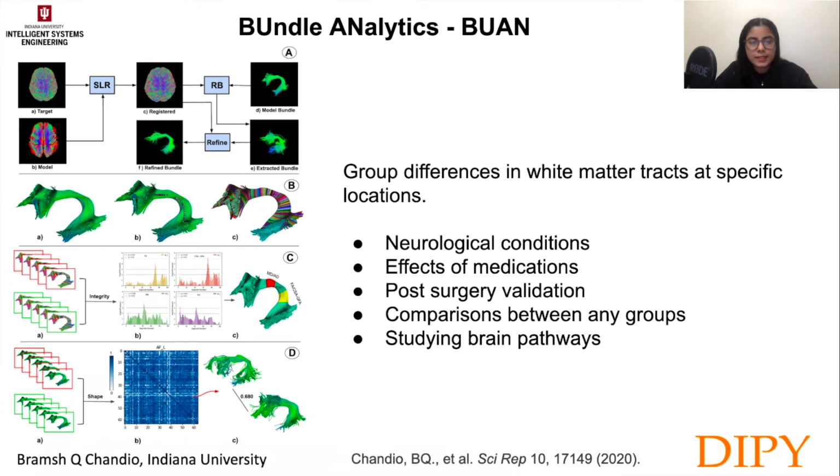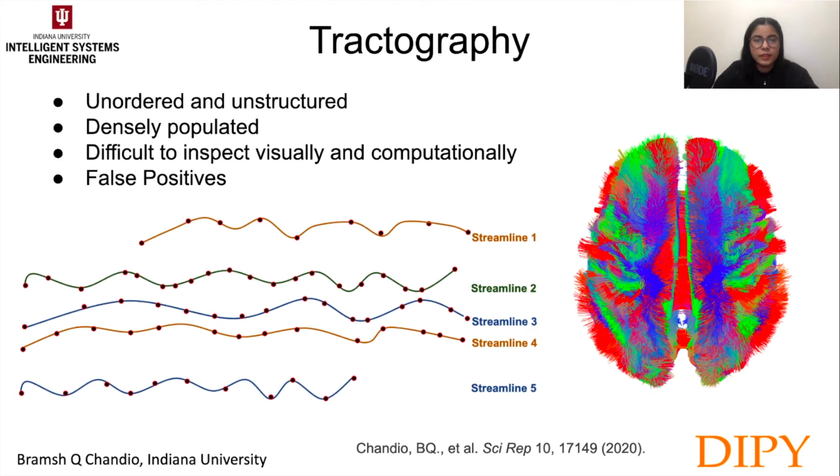Some of the use cases of BUAN include finding group differences in white matter tracts at specific locations due to any neurological conditions, studying any effects of medications, post-surgery validation, comparisons between any groups, or just studying brain pathways. In earlier sessions, you learned how to create tractograms by using tractography algorithms.